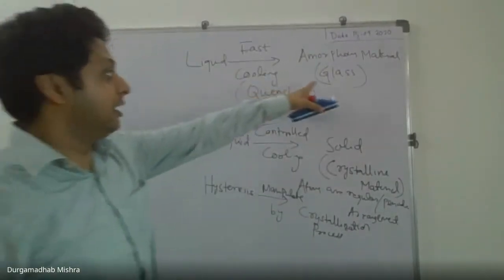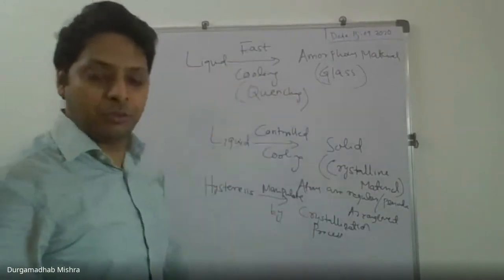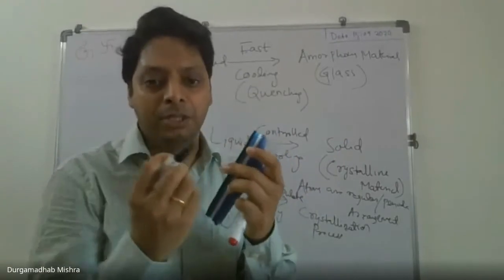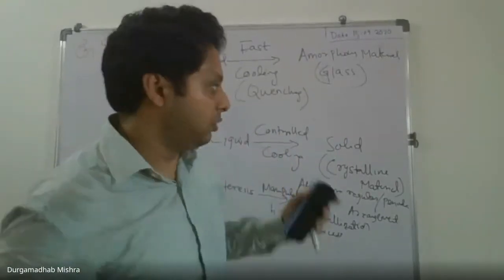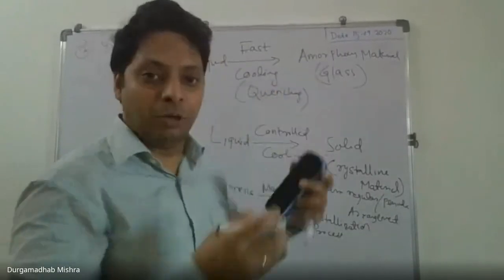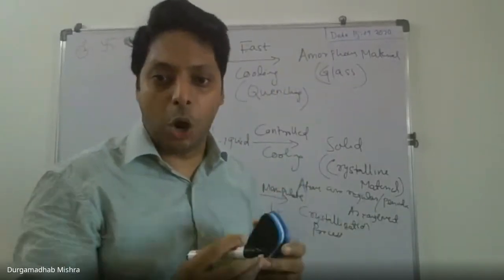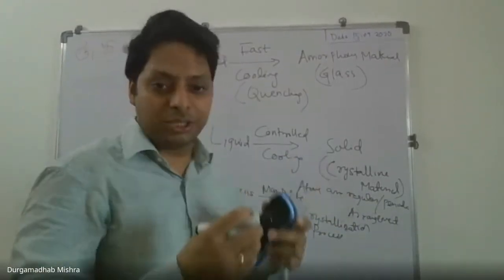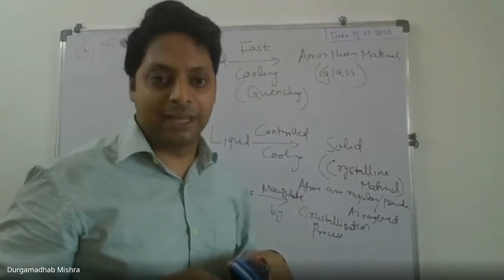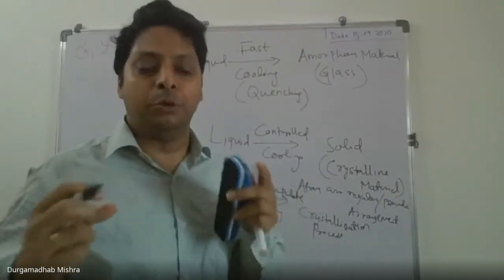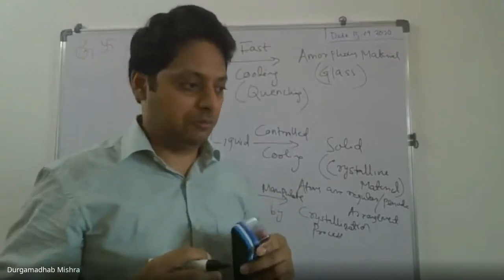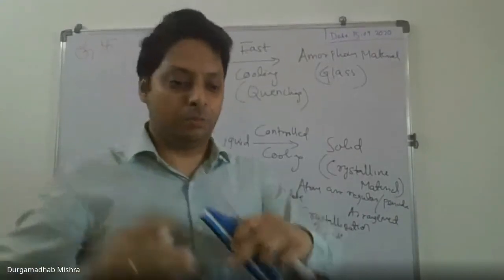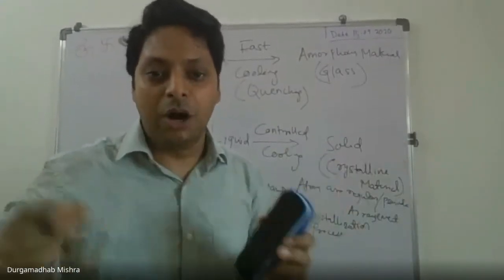So you can get glass or amorphous material by this fast quenching. The atoms need some time to arrange in a certain position. If they do not get that, it will become amorphous. There is no long range order, there is no periodic order. But in the slow process, since you cool down very slowly, there is enough time for the atoms to move and position themselves. They can go to their proper seats or proper positions, and you get a long range ordered crystal.